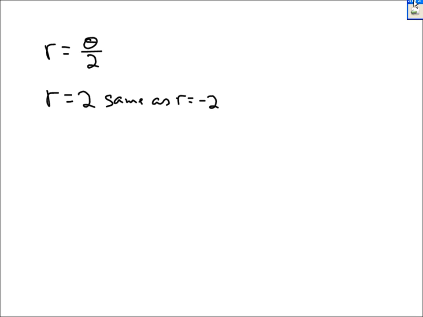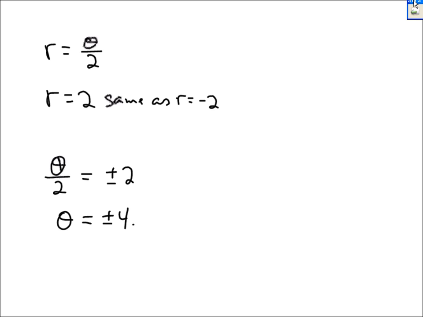Okay, so I set the r's as equal. But in the second equation, r can really be plus or minus 2. If r is 2, then r can be negative 2. So we have theta over 2 is equal to plus or minus 2. Multiply both sides by 2, theta can be plus or minus 4. Okay. Now I know what r is. Oh, maybe I don't. R is plus or minus 2.